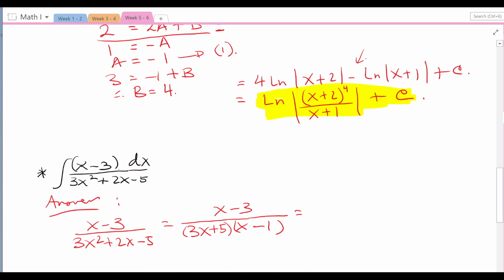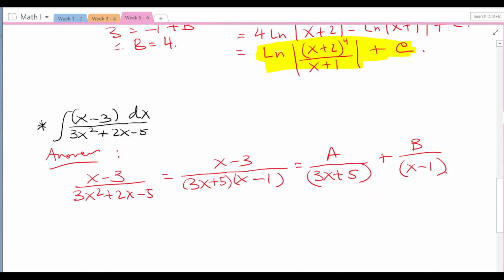So we can now decompose into each of these, which is 3x plus 5. a is unknown, and then b is another unknown, x minus 1. So we decompose multiplication into an addition or subtraction. So let's find a and b. We're going to multiply both left hand side and right hand side with 3x plus 5 times x minus 1.